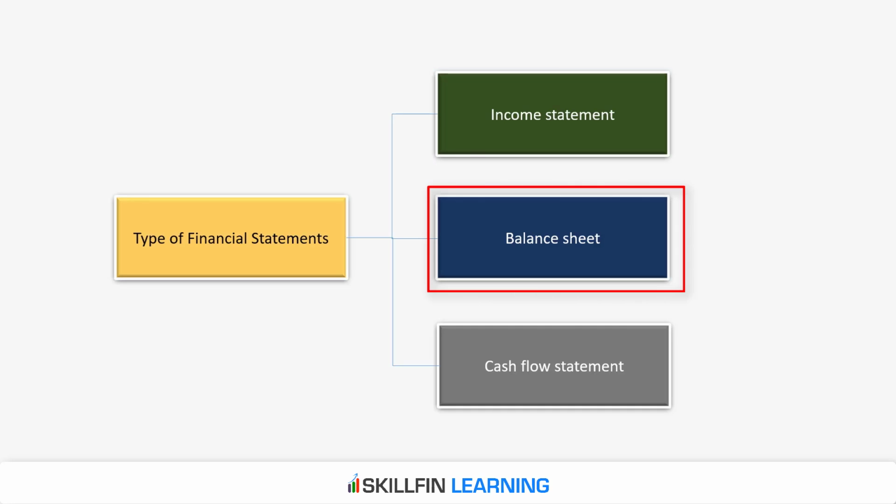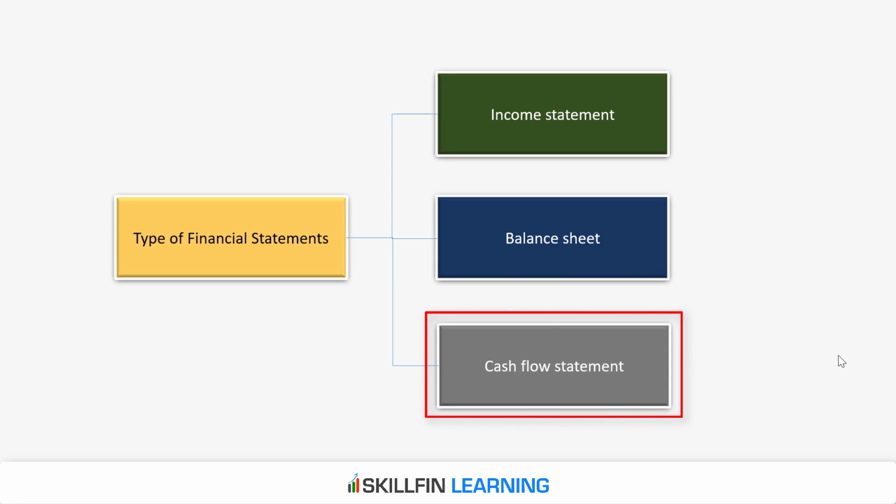A balance sheet shows the financial position of an entity as at a particular date. A cash flow statement shows how efficiently a company has utilized its cash, how much of it was generated from the business operations, and how efficiently it was utilized.